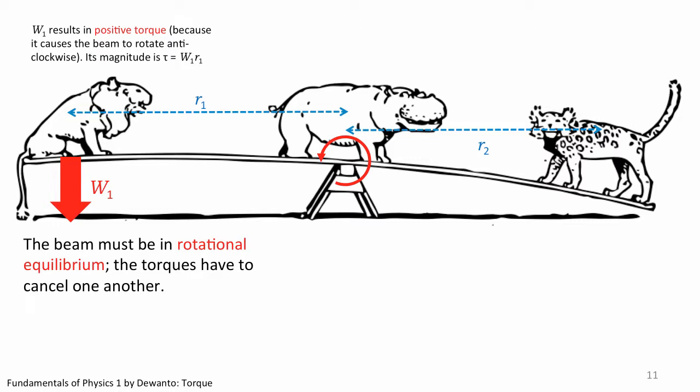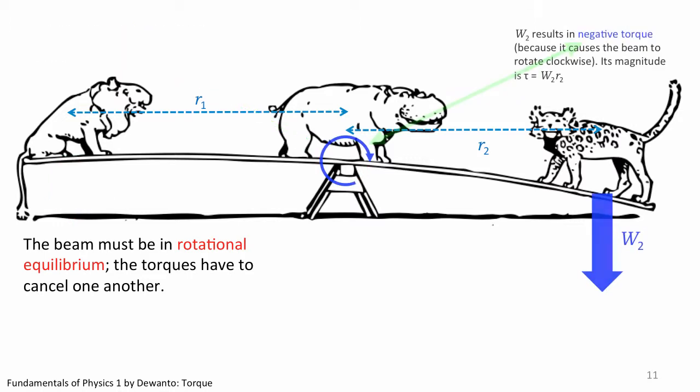The direction of torque can also be distinguished by its sign. Here we adopt the same convention as the sign in angular velocity. If the rotation is anticlockwise, which means the torque is pointing out of the screen toward us, the torque is positive. Vice versa, if the force causes the beam to rotate clockwise, which means the torque is pointing into the screen away from us, the torque is negative.